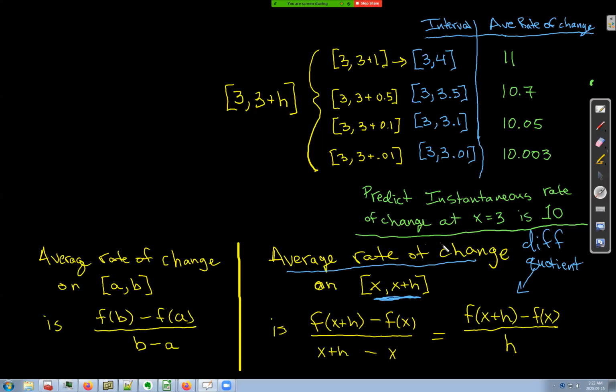And that's why it's so important to us, because one of our main goals in this class is to be able to turn average rate of change into instantaneous rate of change. And the difference quotient is going to facilitate that process.